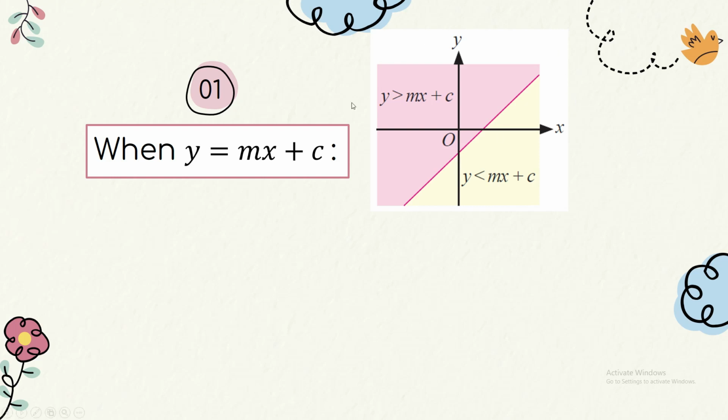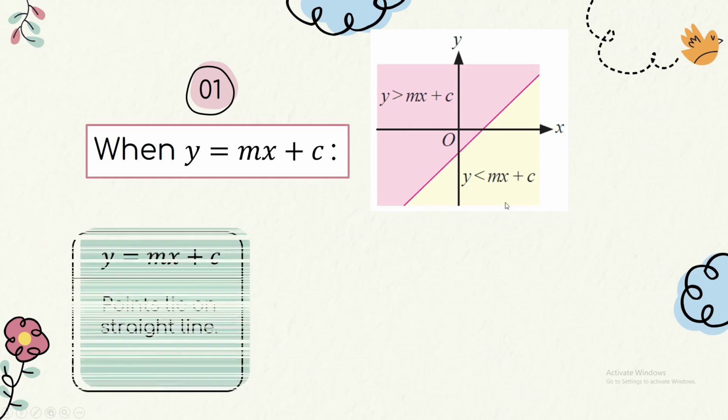This is the graph. This red line represents this equation. The pink color is the above region, meanwhile the yellow part is the below region.